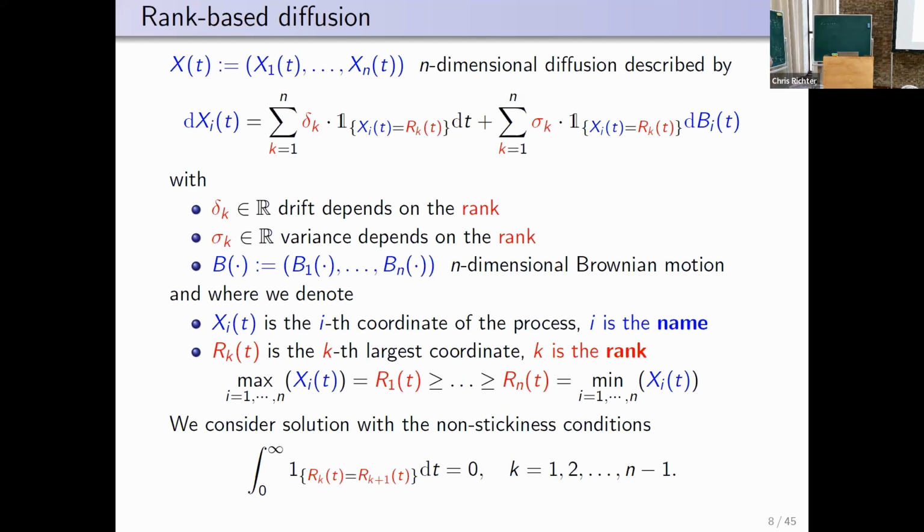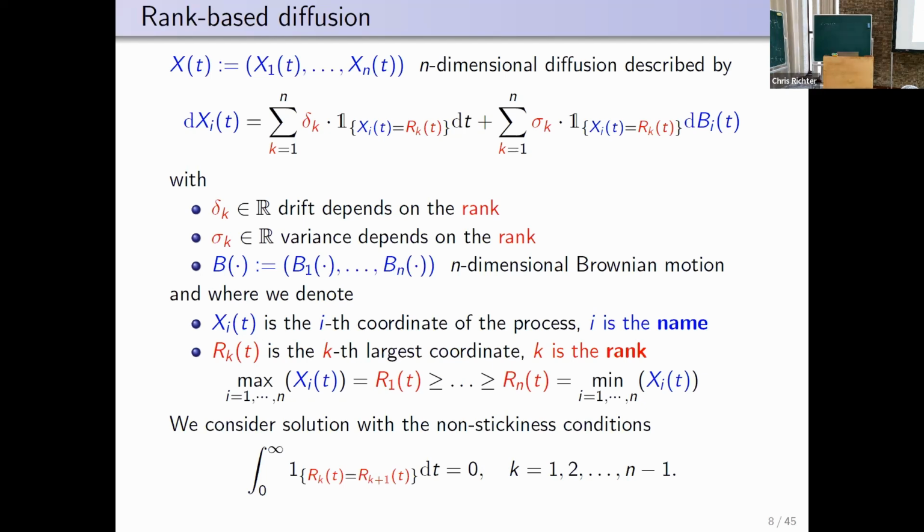And what is important to understand is that the drift depends on the rank of the particle X_i. This means that if X_i is the highest particle, the drift will be equal to delta 1. But if X_i is the second particle, the drift will be equal to delta 2.